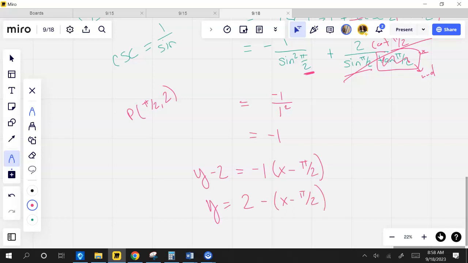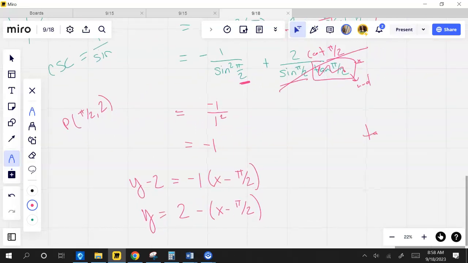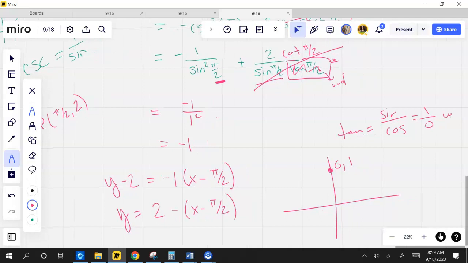Look at your cotangent. So remember, tangent is sine over cosine, right? And we said up at this point, this is the point 0, 1. If I do 1 over 0, what happens? I'm undefined.